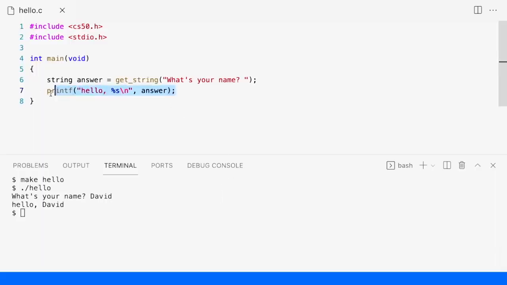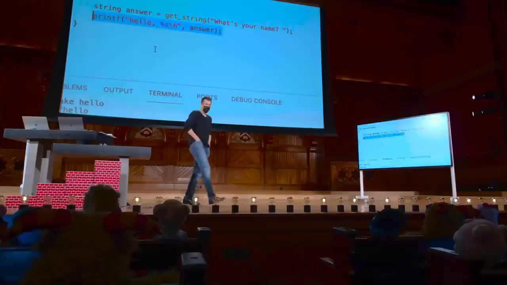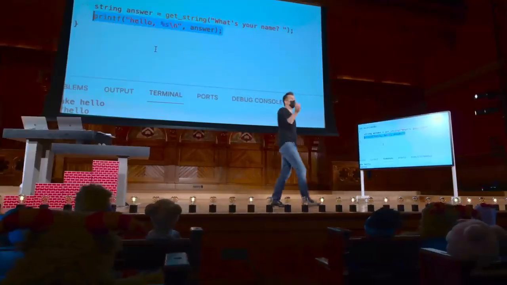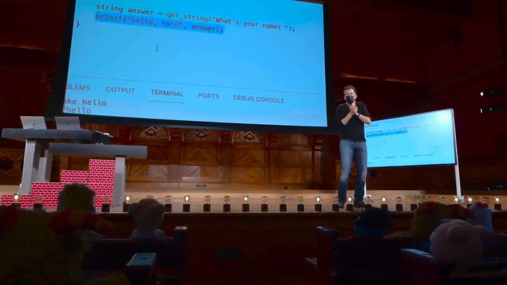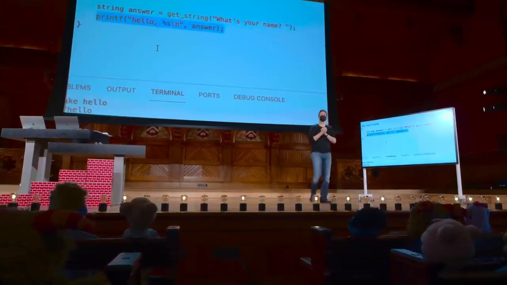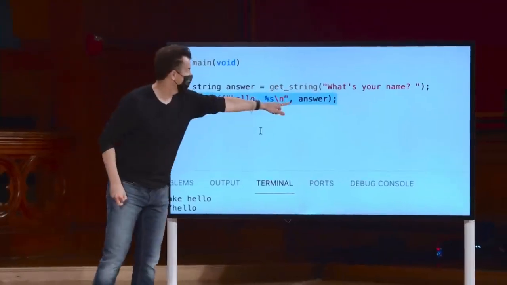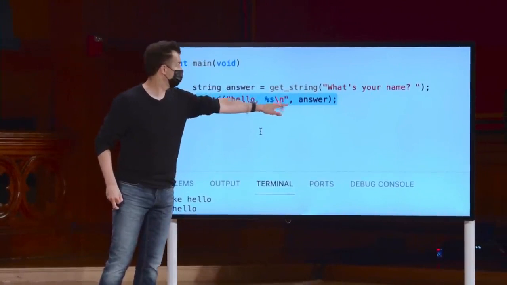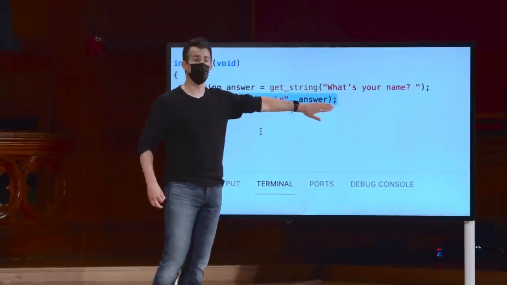So a quick question then. If I focus here on line 7 for just a moment and even zoom in here, how many inputs is printf taking as a function? A moment ago, I'd admit that it was taking one input, hello world, quote unquote. How many inputs might you infer printf is taking now? 2. And it's implied by this comma here, which is separating the first one, quote unquote, hello, %s, from the second one, answer.